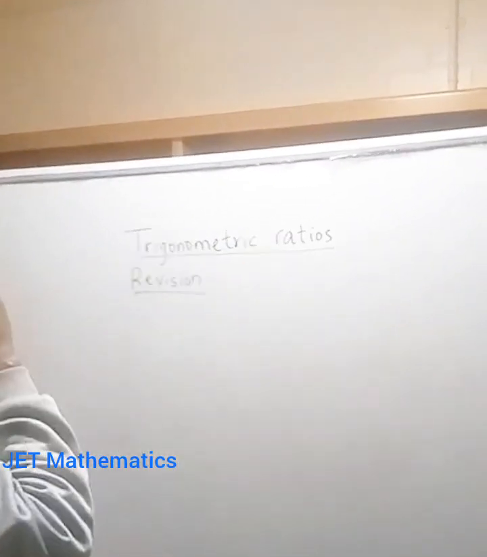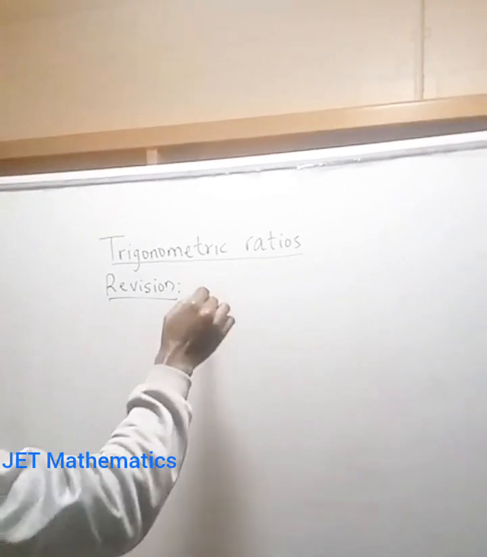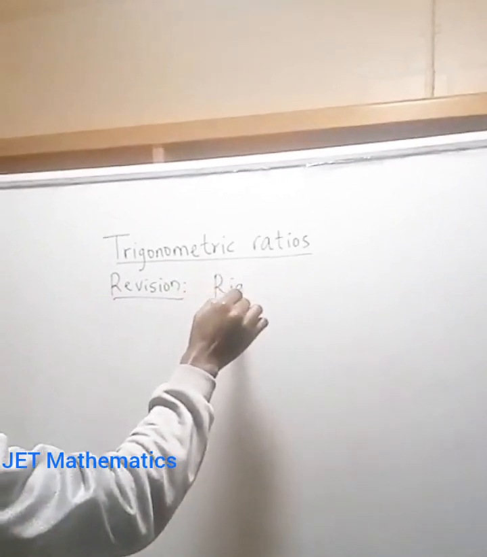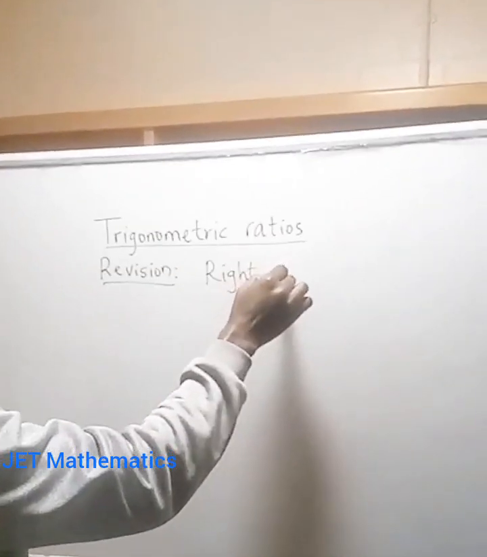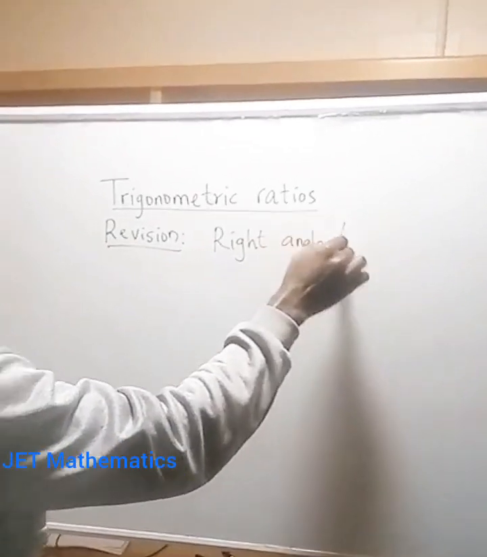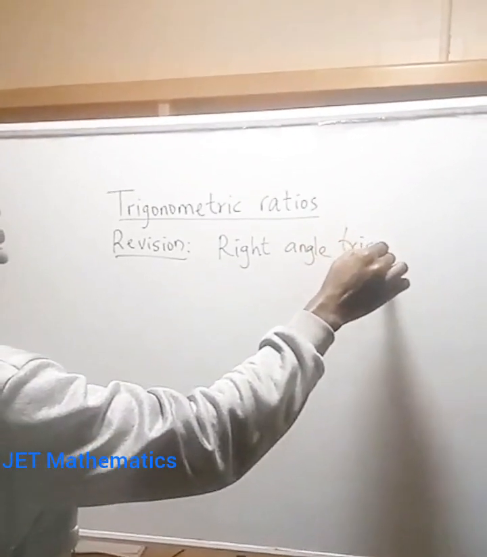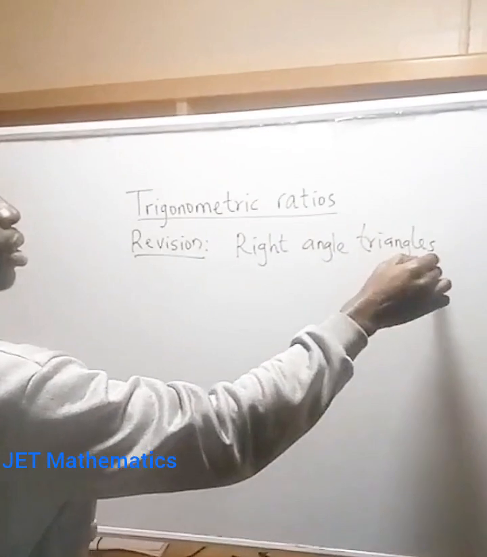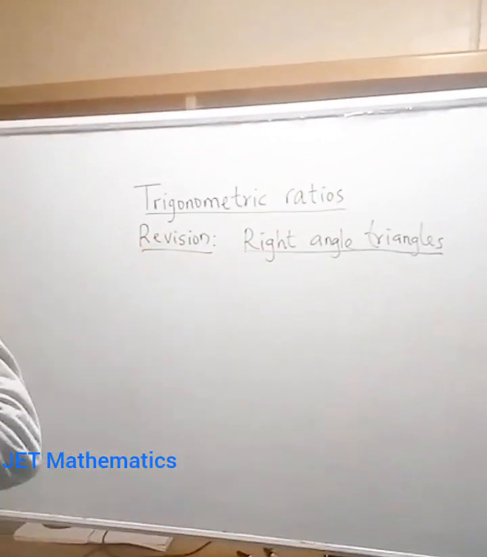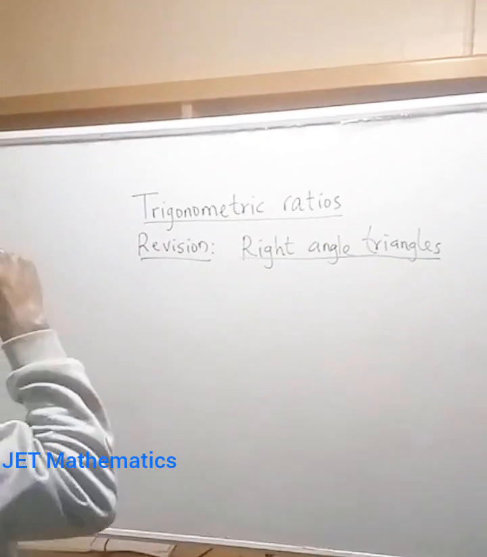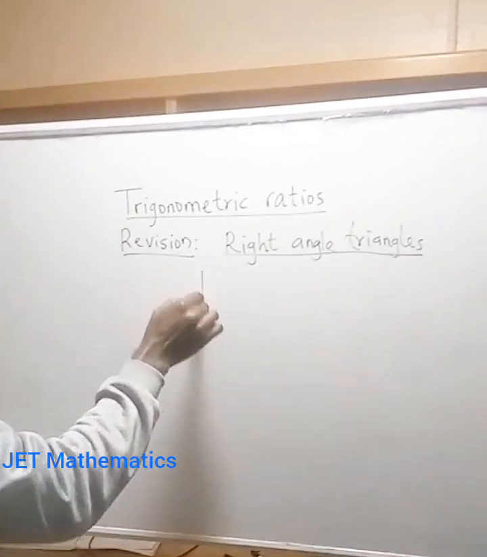Trigonometric ratios involve a right angle triangle.